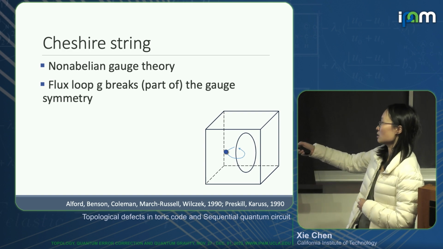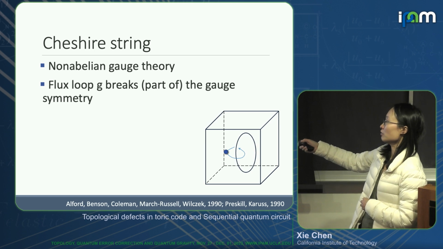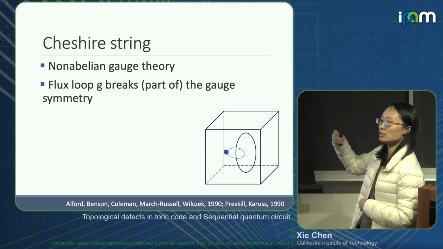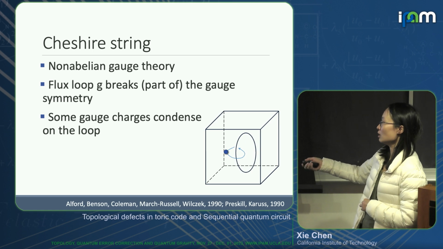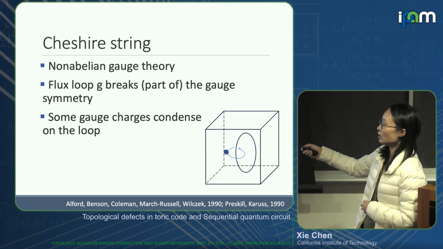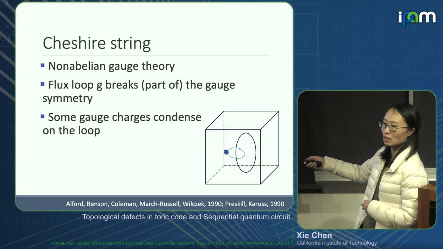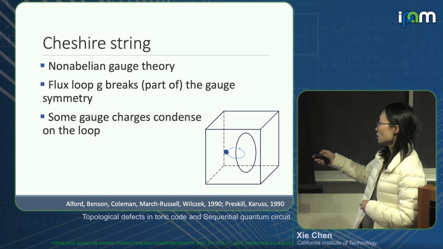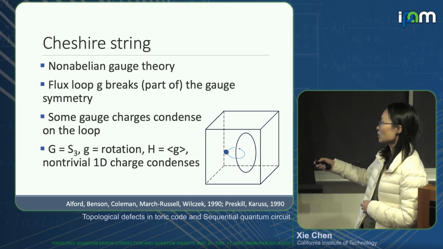As long as it's not in the center, it breaks some of the gauge symmetry. And when it does, all those charges that transform non-trivially under that part of the gauge symmetry have to condense on the loop. So this is, of course, equivalent.